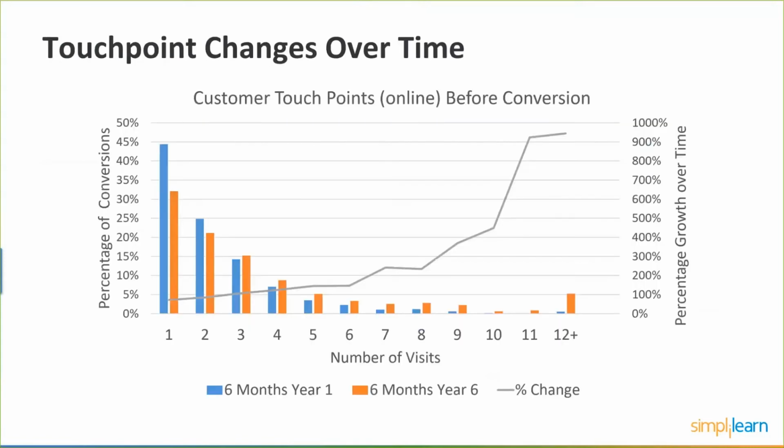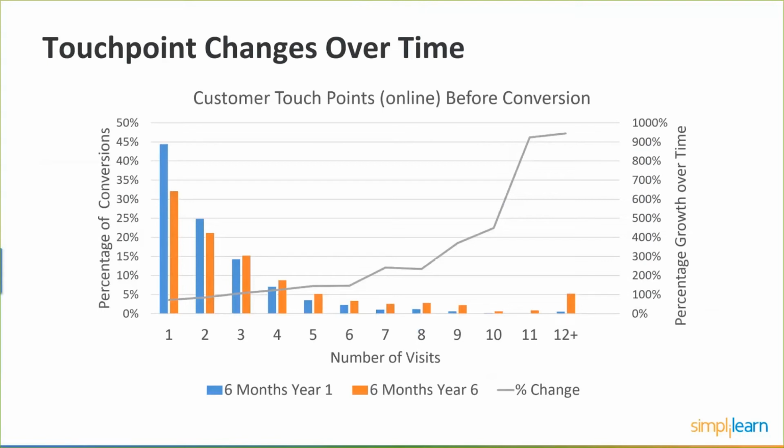So this is a big change. What's happened over time is the amount of touch points that exist before conversion. This is a retailer I've worked with for 15 years or something. We took 6 months of data from a few years ago, which is in blue, and said, how many times does a person visit your website before they convert?